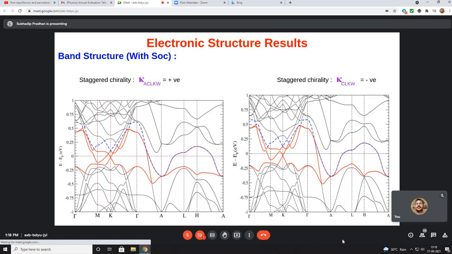Yes, time reversal symmetry is broken everywhere because it's a magnetic system. So it's a kind of mirror symmetry times time reversal symmetry. Time reversal symmetry is always broken there, but it is broken by the Mn atoms, by the magnetization of the Mn atoms.